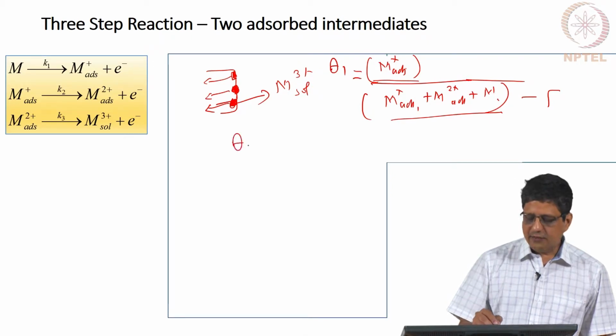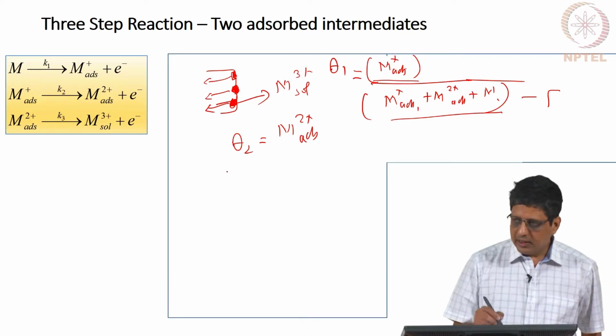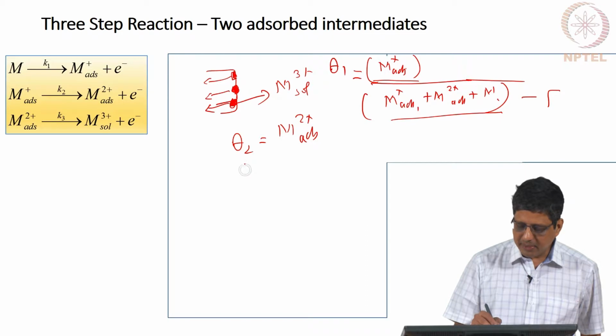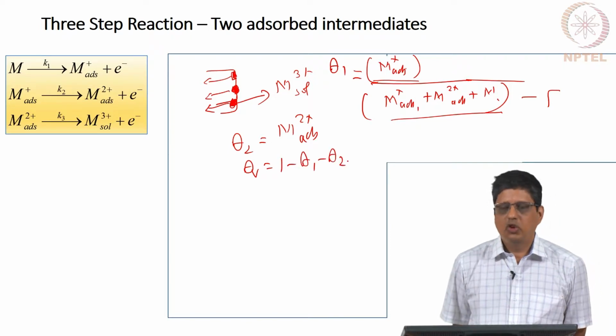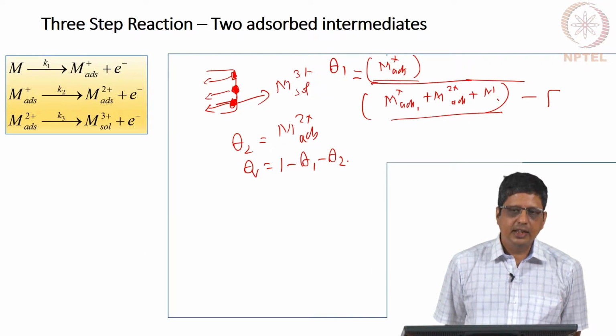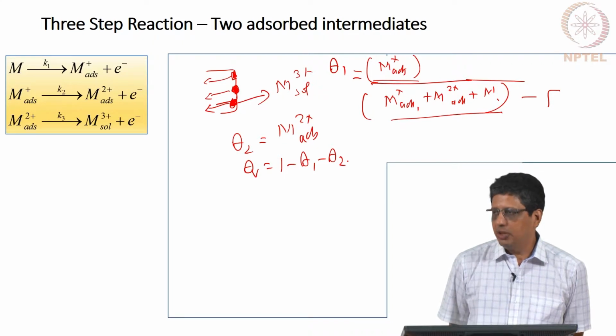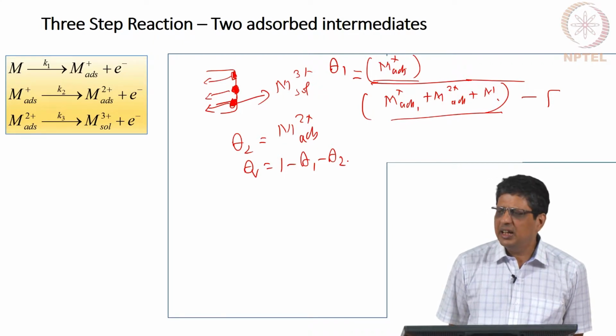The fractional surface coverage of M2 plus adsorbed we call theta 2, and the remaining is bare metal. The fractional surface coverage of bare metal, sometimes written as theta V, is 1 minus theta 1 minus theta 2. So, we can say 30% of the area, that is 0.3, is occupied by metal plus adsorbed, 20% is occupied by metal 2 plus adsorbed at a given condition, and the remaining 50% is bare metal.